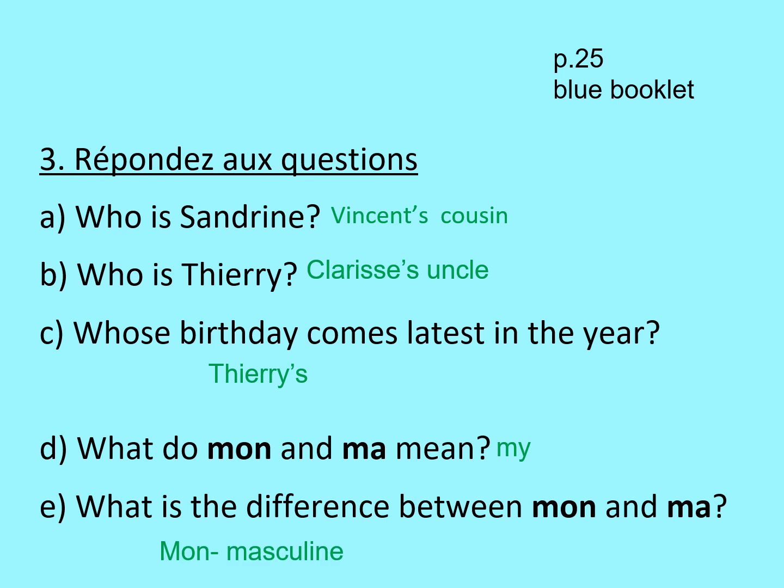It's actually, mon is used for a masculine word. So if you're talking about something that is masculine, so it could be a brother or a father or an uncle and so on. So you'd use it for that. We also use it for objects in French, which we'll get to at some other point. And ma is used for feminine words to say my. So if you're talking about your mum or your sister or your auntie and so on, and also for feminine objects.